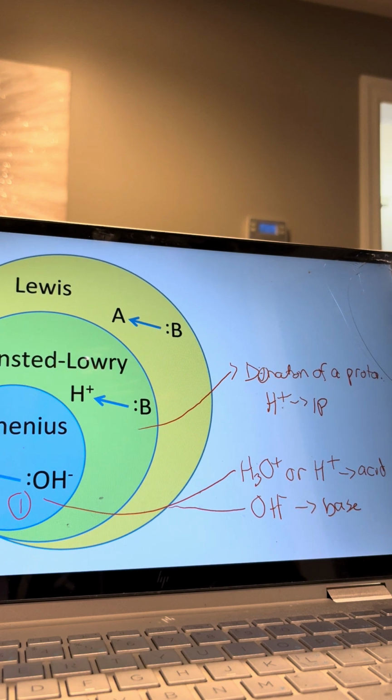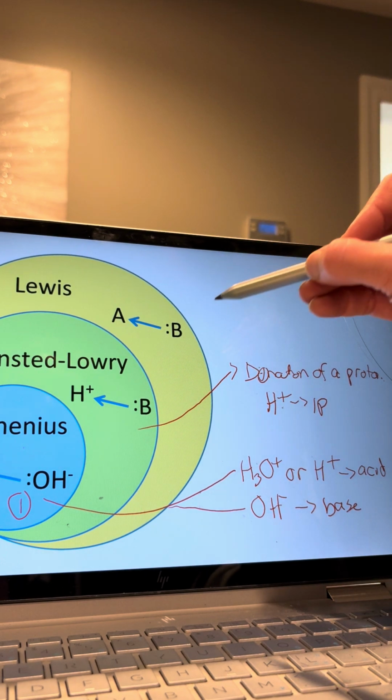So if you have one proton being passed between different substances, if the substance is donating a proton, then it's going to be classified as an acid. And if a substance accepts a proton, it's going to be classified as a base.